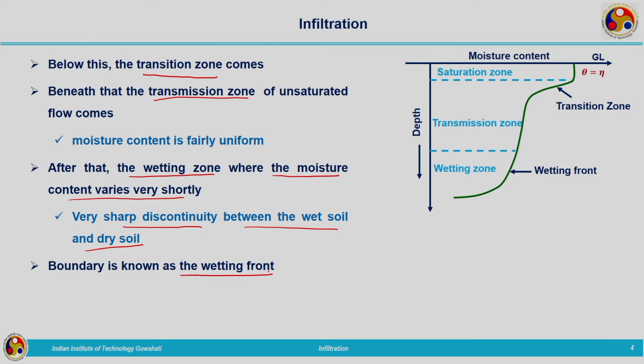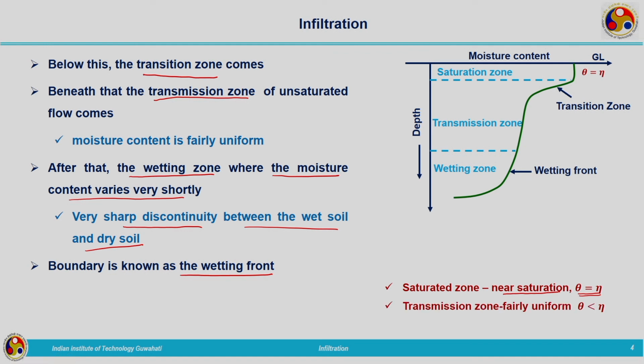So, different zones we have seen, totally 4 zones, and we can write again the features related to these zones. The saturated zone is under near saturation. Approximately, theta is more or less equal to eta, the porosity value.